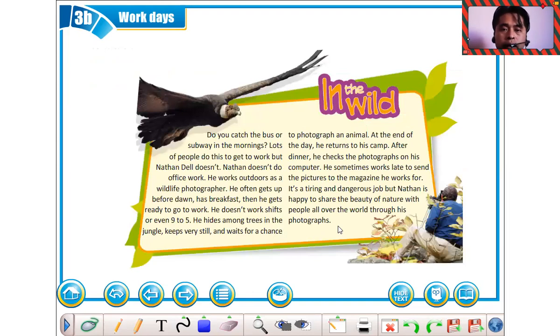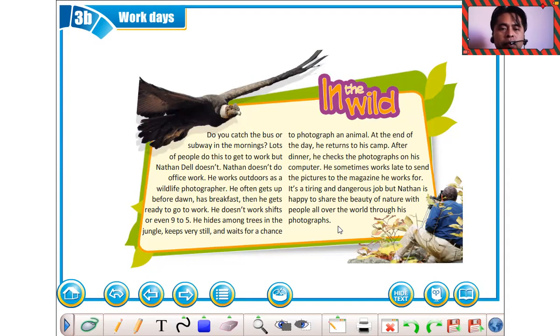It says, in a while, do you catch the bus or subway in the mornings? Lots of people do this to get to work, but Nathan Dell doesn't. Nathan doesn't do office work. He works outdoors as a wildlife photographer. He often gets up before dawn, has breakfast, then he gets ready to go to work. He doesn't work shifts or even 9 to 5.